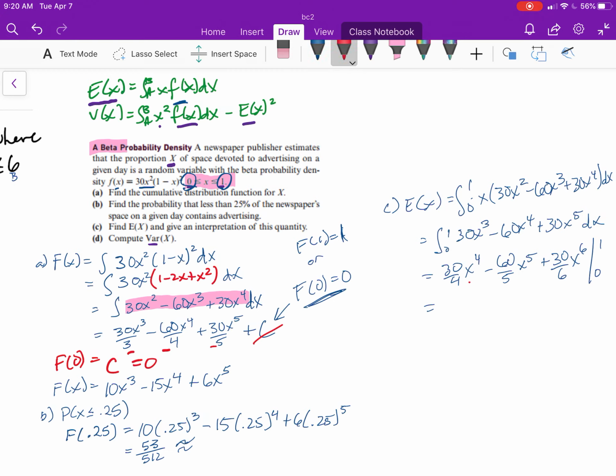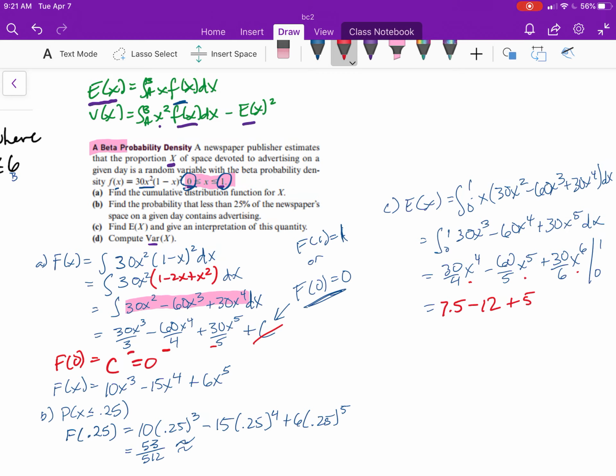So substitute 1, all those x's are 1, so we just get 30 over 4, which is 7.5, minus 60 over 5 is 12, plus 30 over 6 is 5, and if we substitute 0, right, all of this would be 0.